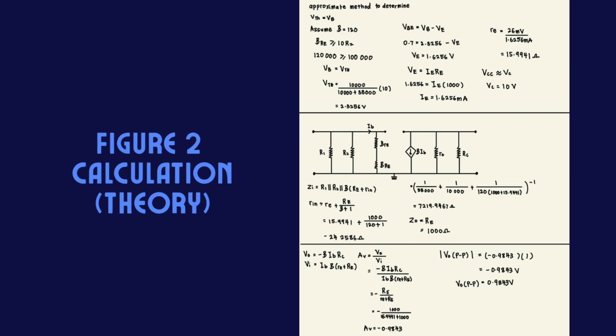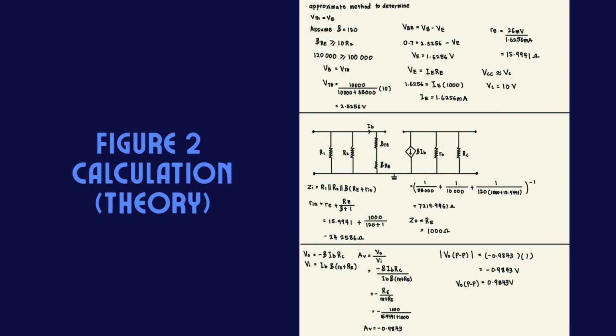So for the figure 2 calculation theory, we also do the same method, which is the approximate method, to determine the VB, VE, IE and VC.